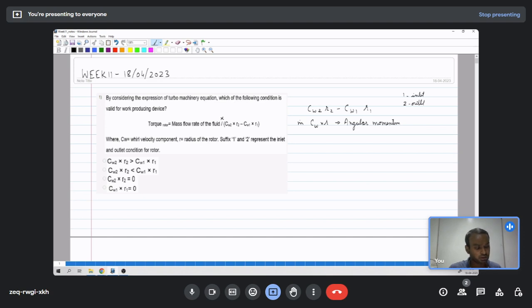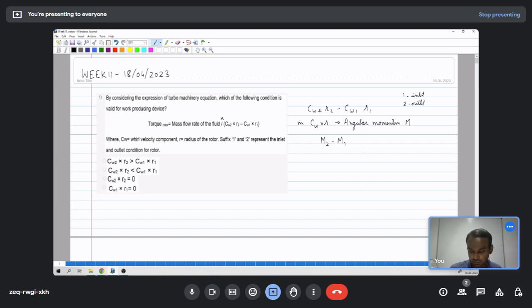So now we have angular momentum, and we will represent it by m, and we have m2 minus m1.